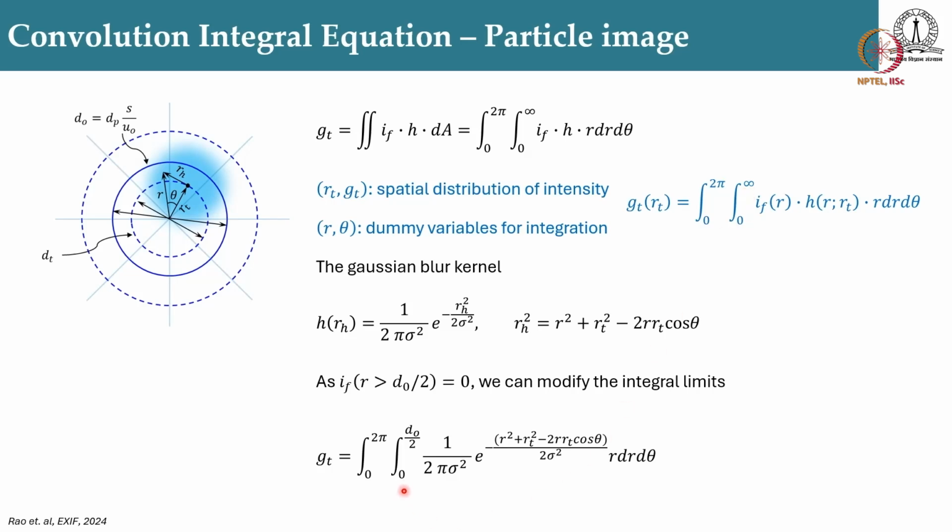We just need to solve it from 0 to d_0 by 2. And substituting everything, in that range this I_f is just 1, so it disappears here because it is always 1 there. And this is your blur kernel, and this is your dA, and these are your new limits. This is now the integral equation which represents the blurring of a circular particle.